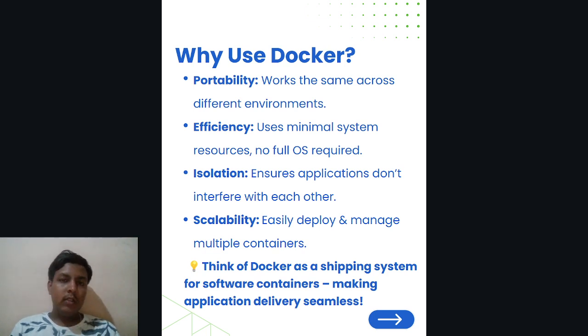So the third thing is isolation. As I said, each container is independent. So any system configuration change in one container does not affect the other container. It ensures complete isolation without hampering other containers. That's the feature of isolation. And the fourth thing is scalability.